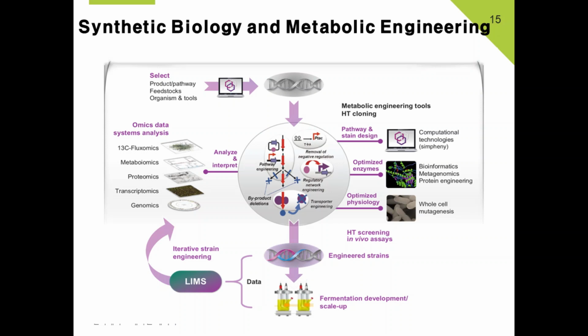So we have to get the key enzyme for cadaverine production, lysine decarboxylase, from E. coli, and then express it in Corynebacterium. So we express it by using a plasmid. I'll explain the plasmid later in this presentation.